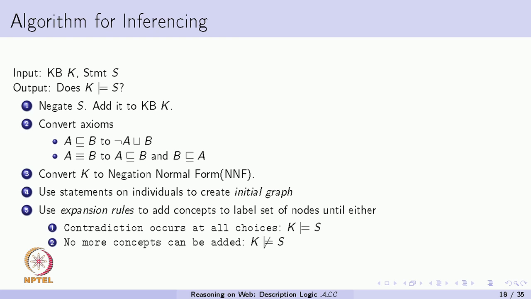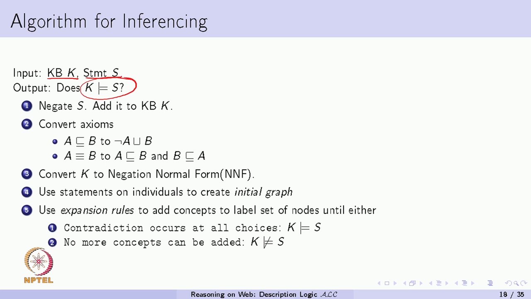So, what is the algorithm for checking unsatisfiability? Let us say that there is a knowledge base K and a statement S, and we want to ask the question: does K entail S?